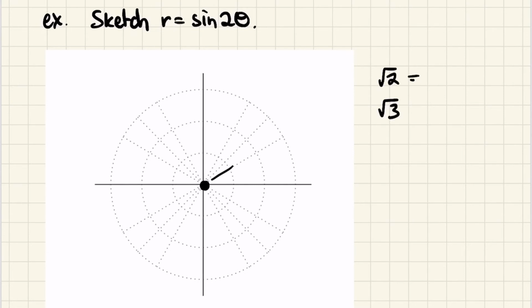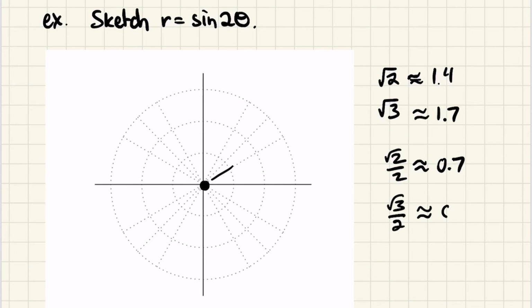And you should just know that root 2 is approximately equal to 1.4 and root 3 is approximately equal to 1.7. And that means that root 2 over 2 is approximately 0.7, and root 3 over 2 is approximately half of that. It's actually about 0.87. It's really 0.866 or something like that.